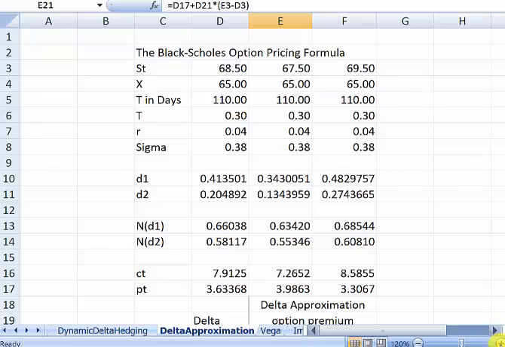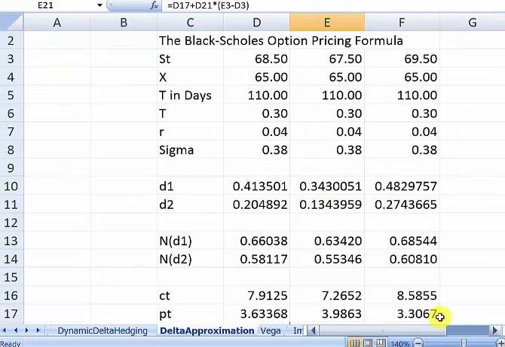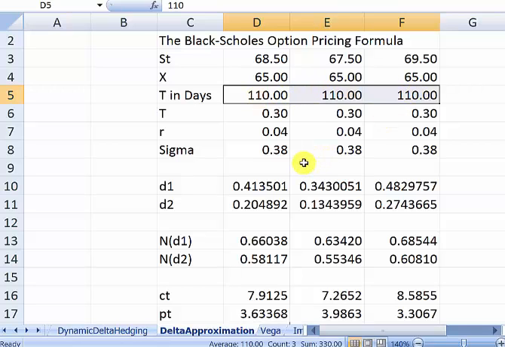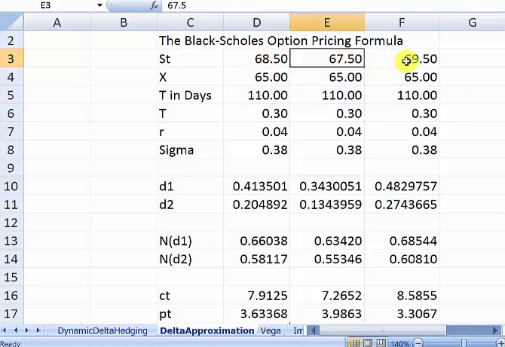So basically, what I have is, start from an underlying price of 68.50. Okay, this is the underlying price, and I'm not changing the dates, not changing the expiration time. I only examine the price going up $1 or down $1.